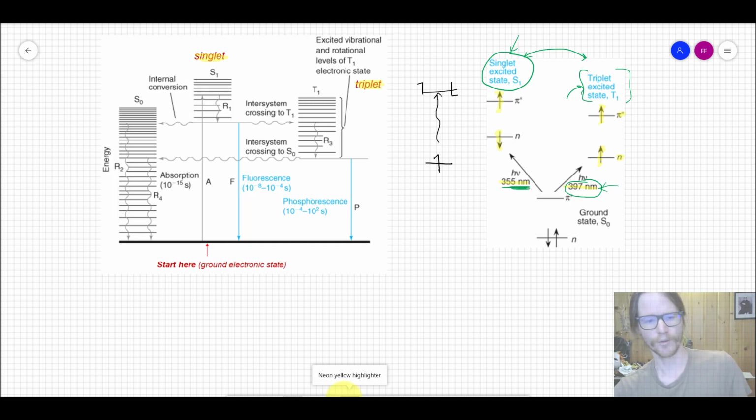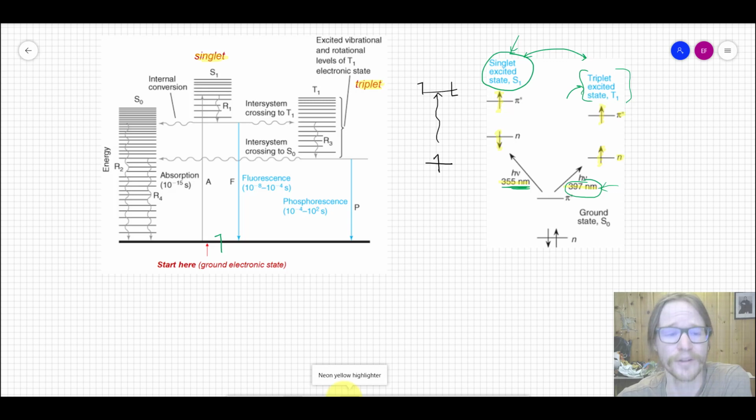So let's start here, where it says start here, ground electronic state. You're just assuming you've got an electron here. You absorb light, and that occurs in this absorption step. The vertical line, the straight line, refers to a photon transition, and the squiggly line refers to a non-photon transition, meaning it's not absorbing or releasing a photon.